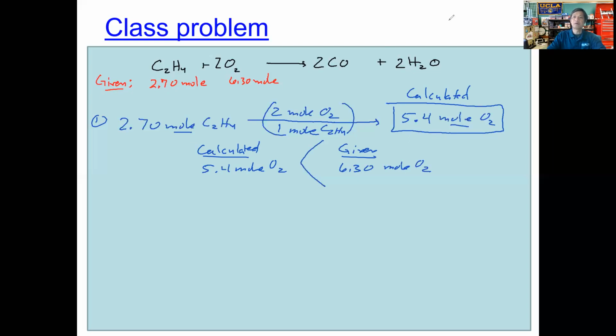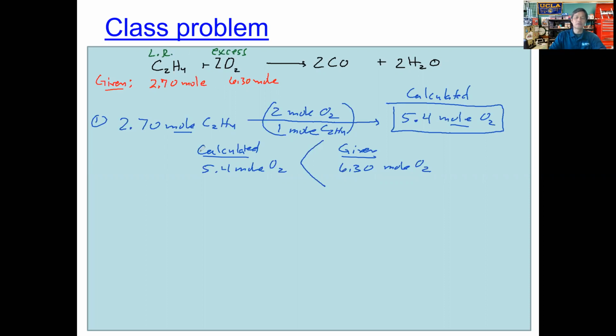So what does that tell us about O2? It tells us that O2 is the excess. So we know that oxygen is the excess reagent, which means our limiting reagent is C2H4.